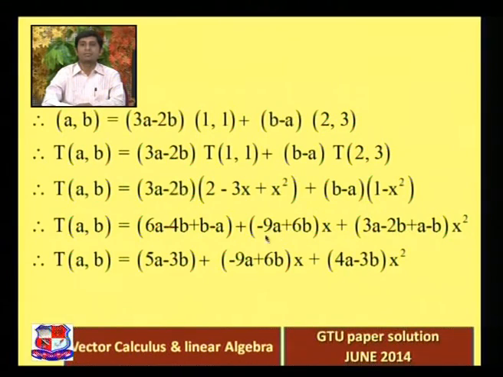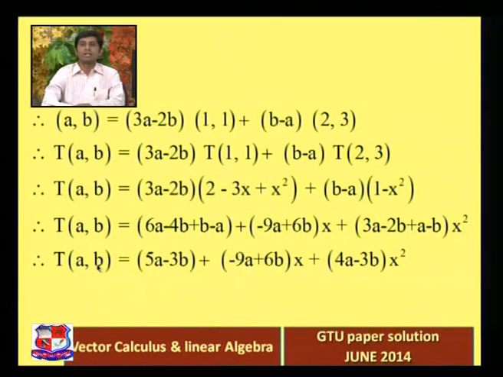Now the coefficient of x square: 3a minus 2b, plus b minus a into minus 1, so that is plus a minus b, into x square. So 3a plus a, that is 4a, minus 2b minus b, that is minus 3b, into x square.